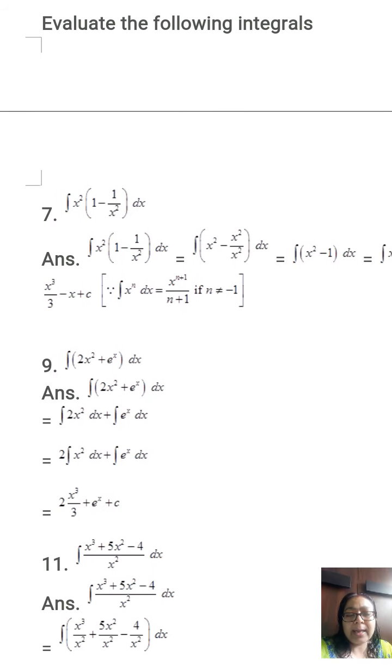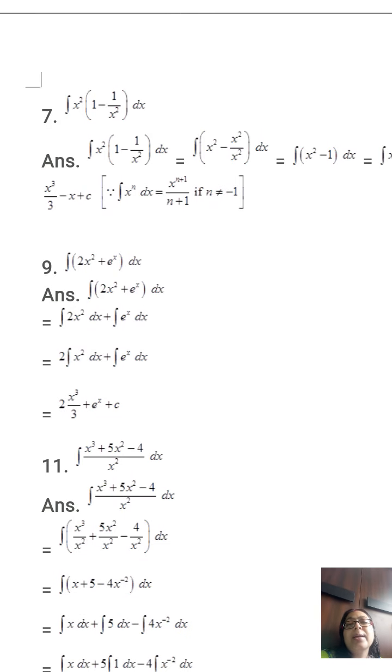This is direct integration we have to do. Integration of x square into (1 minus x square)... sorry, x square into (1 minus 1 by x square). Simply we will multiply here. How to do it? Open the bracket: x square into 1 is x square, minus x square into 1 by x square, which is 1.